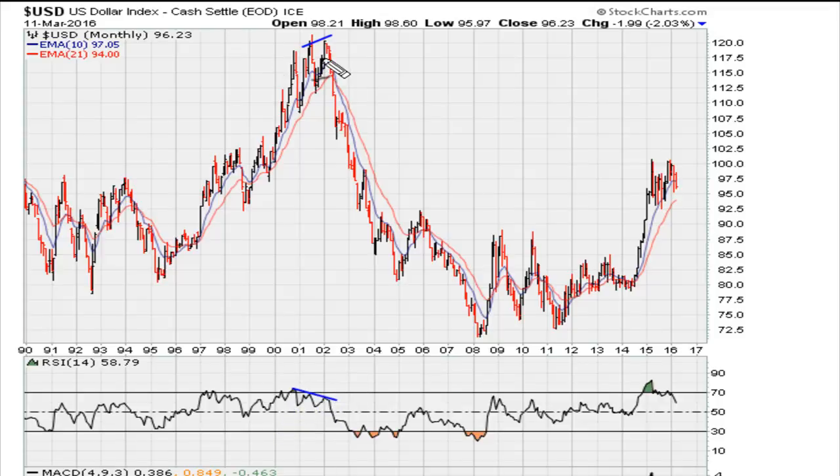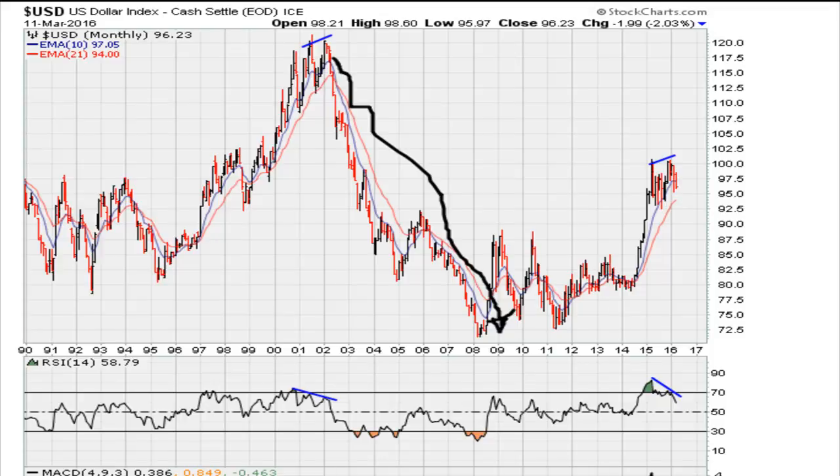That was good enough to begin this major slide in the dollar. So right now we are looking at the possibility, which is what your charts are showing, an improvement in price and a slight lower low here on the dollar. In the coming months, this could be setting the stage for lower prices.